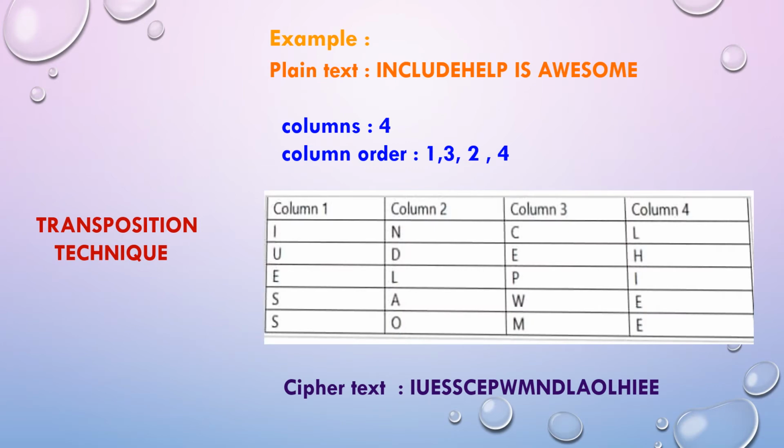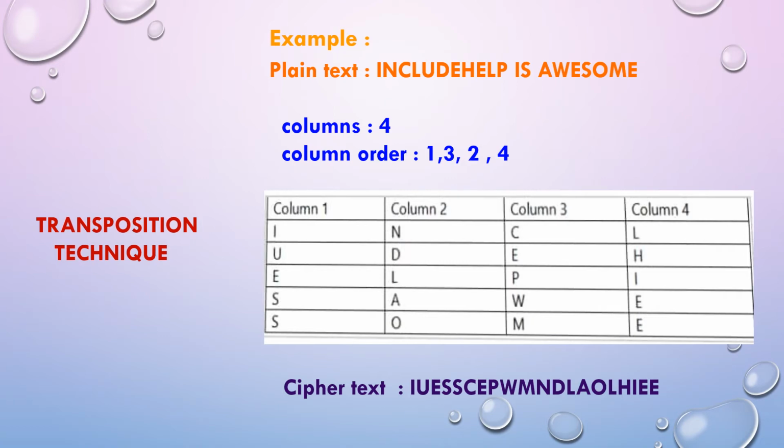Now we will see an example of the simple columnar transposition technique. So let us assume that the plain text is "include help is awesome", and we need to calculate the ciphertext using the simple columnar transposition technique.